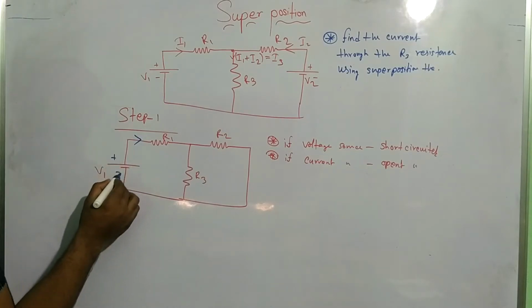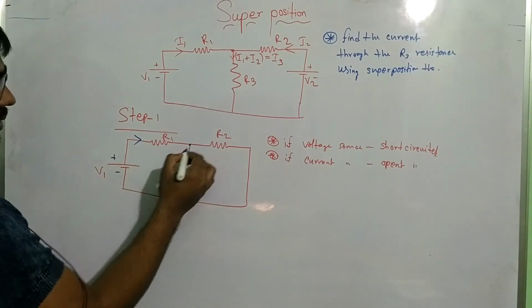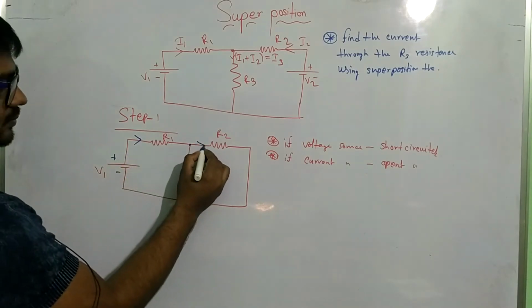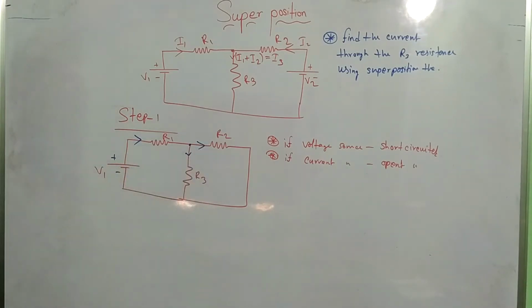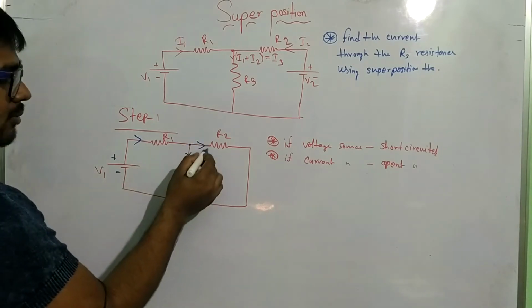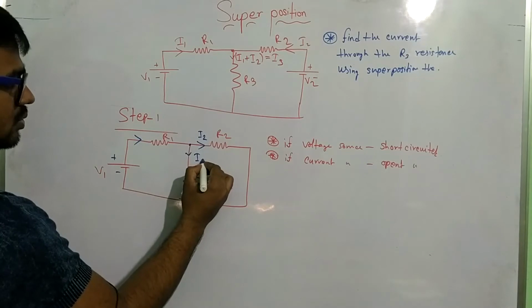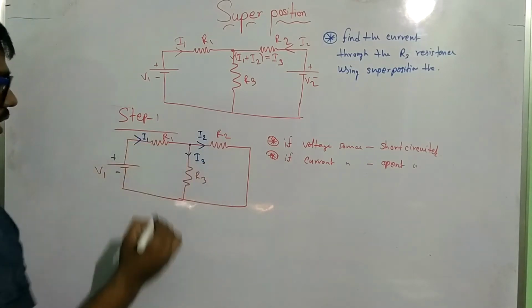This is the source. Current goes from outer along this path and goes like this. So what is the name of this current? This is also I2, I3 and I1.